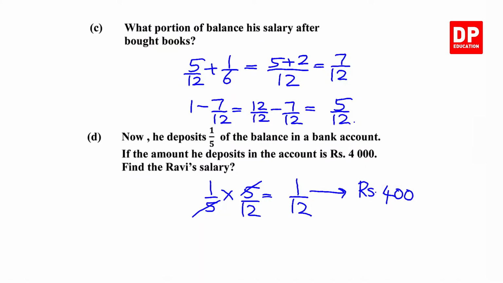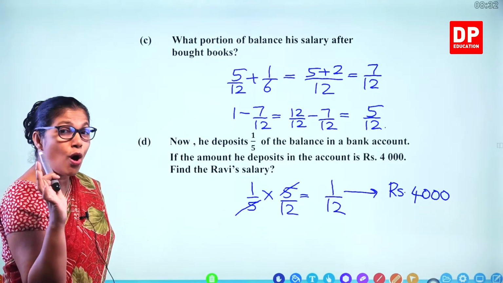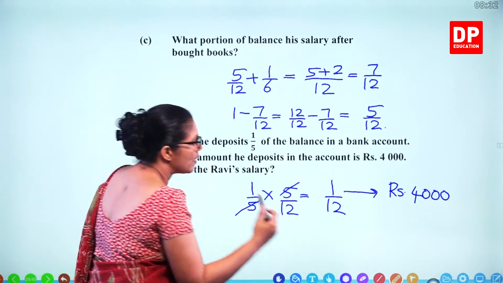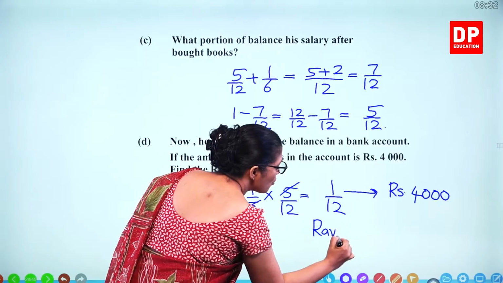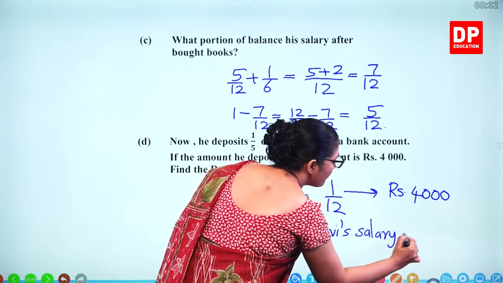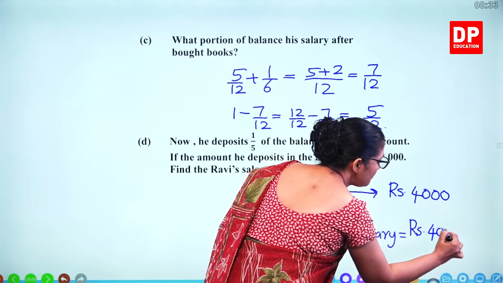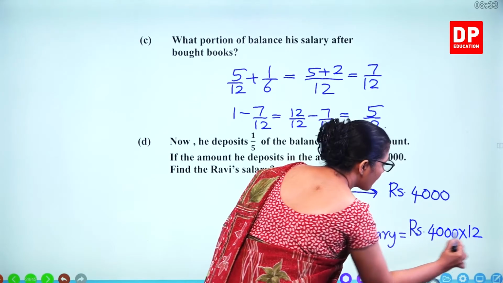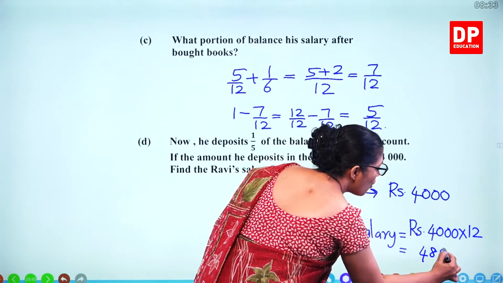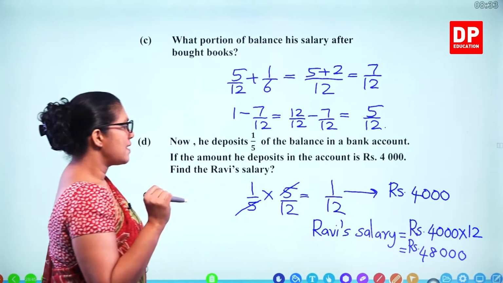So that's 1 part of 12. So what is the full part? That's called the full thing. That's Ravi's salary. So what's Ravi's salary then? Ravi's salary becomes 4,000 times 12. You get 4 times 2, 8, 48,000 rupees is Ravi's salary.